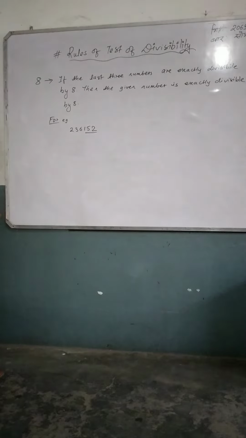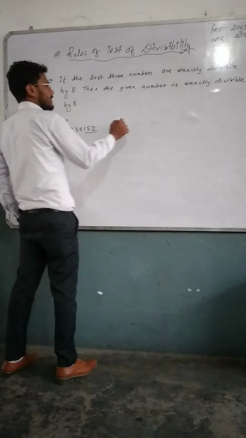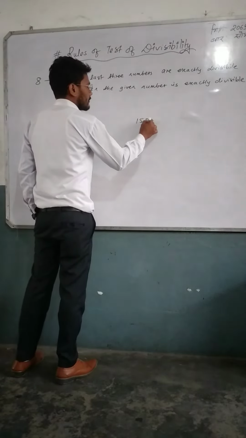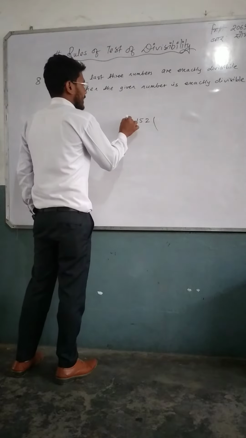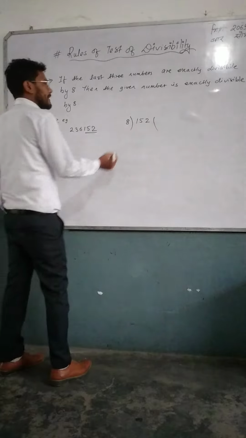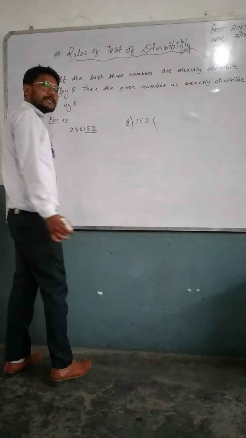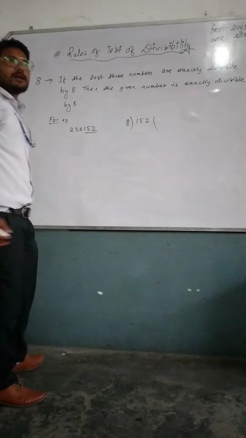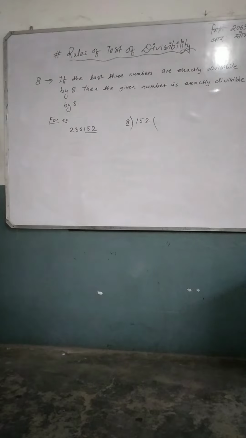Yes. Now to check whether it is exactly divisible by 8 or not, we have only one process, that is division process. So let us use the division process by 8 only. Now already I said you that if divisor is single digit, dividend also we have to take single only.